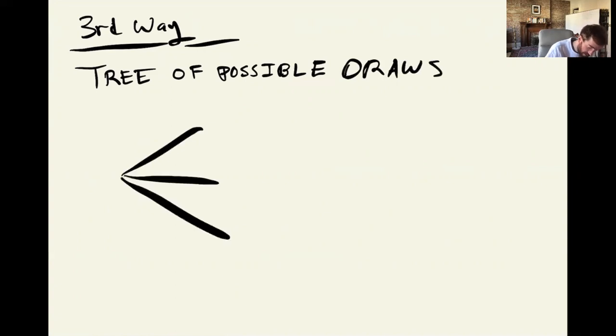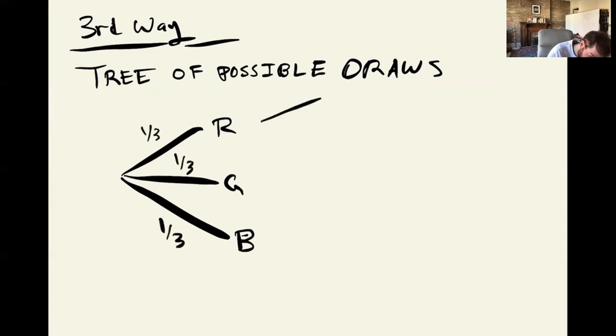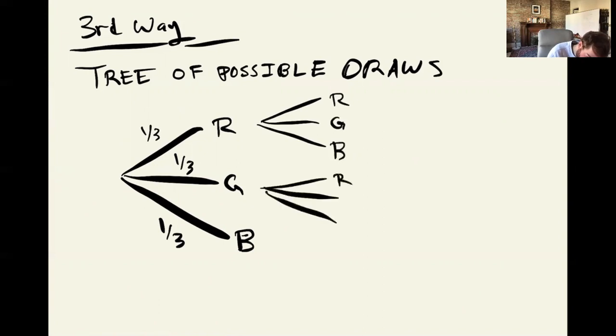Imagine I've got my urn with 6 balls. I draw my first one. This is my first draw, and I've got a 1/3 possibility of each of these. And then again, red, green, blue, red, green, blue.